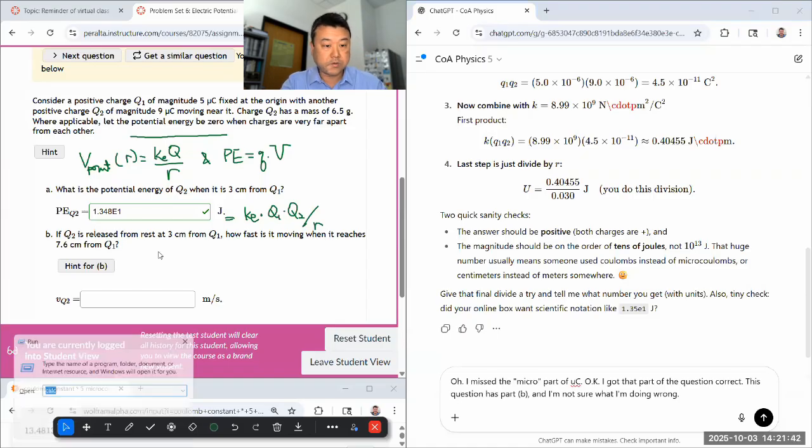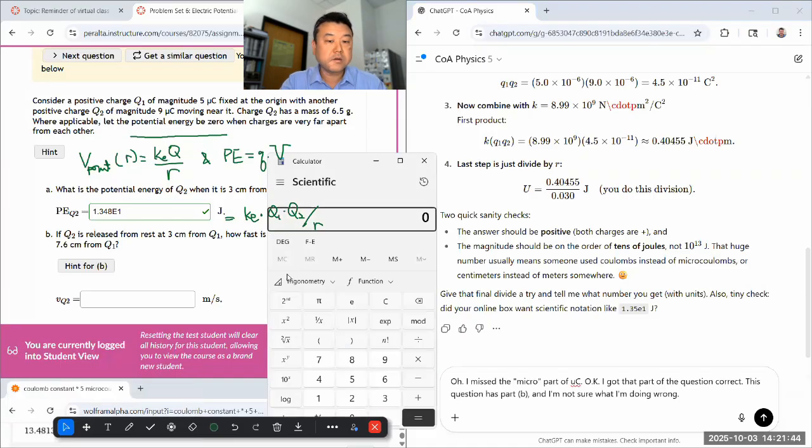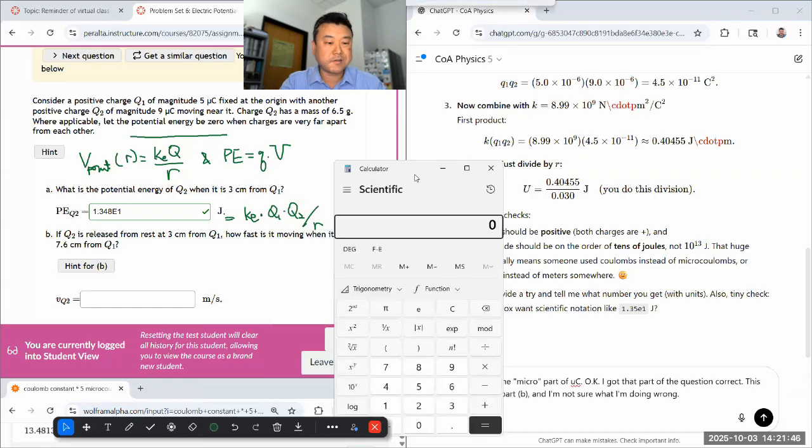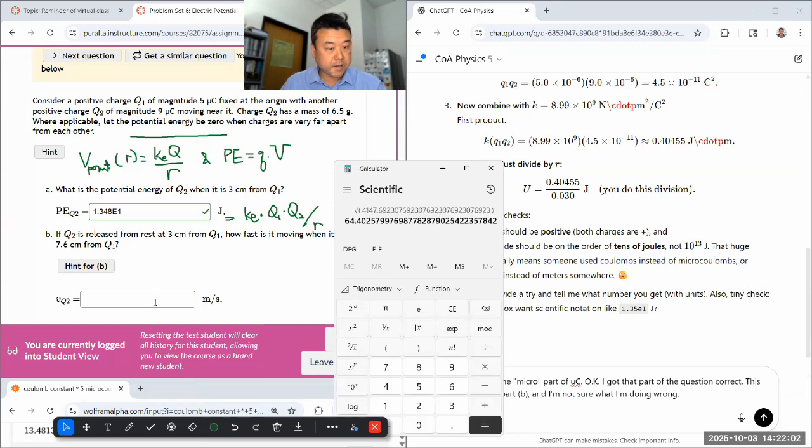So let me do that on a calculator. So v is equal to 2 times 13.48 divided by the mass, and this time I do the conversion to kilograms, 0.0065, and I have to take the square root of that. So you get this answer.